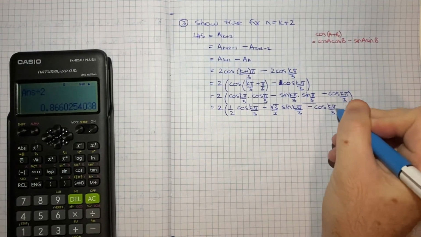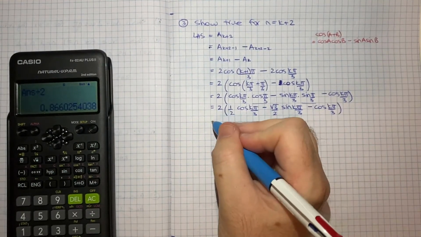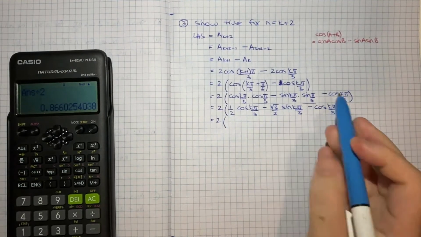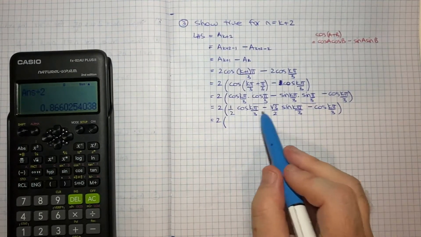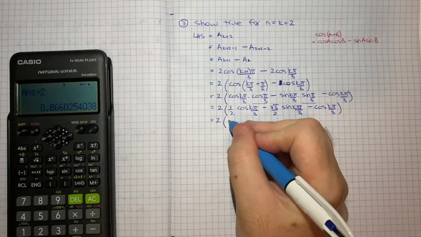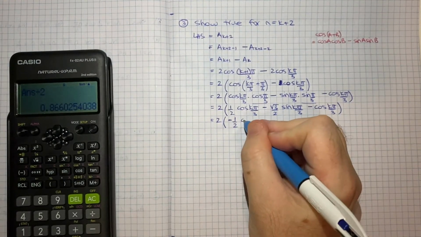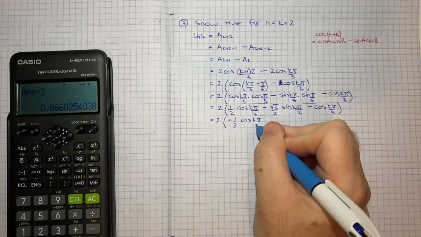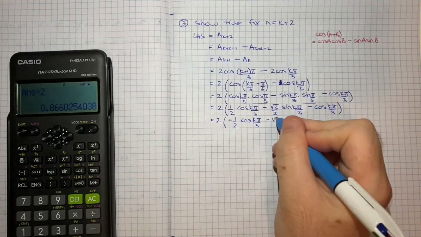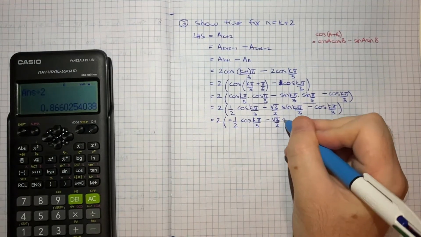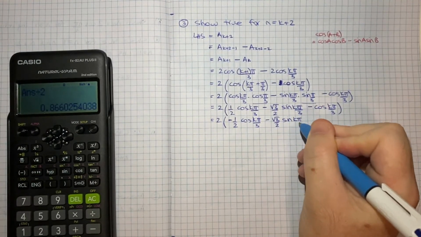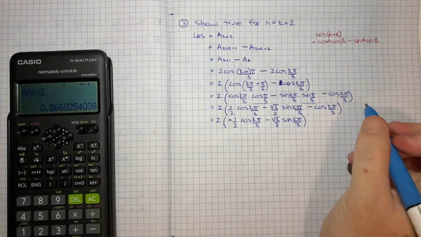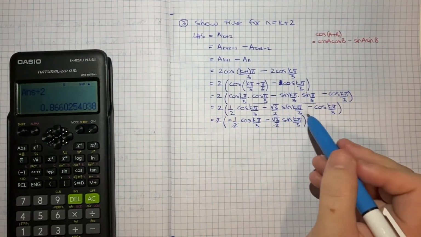Now this will be 2 times, now we've got a half of something minus 1 of something, so that's going to be minus a half cos k pi on 3 minus root 3 on 2 sine k pi on 3. And these 2's will all cancel.